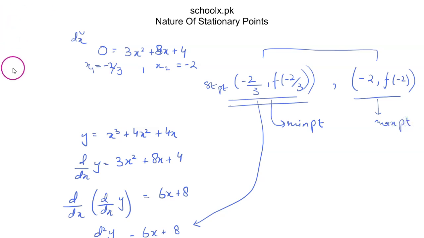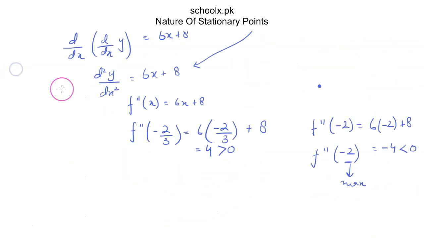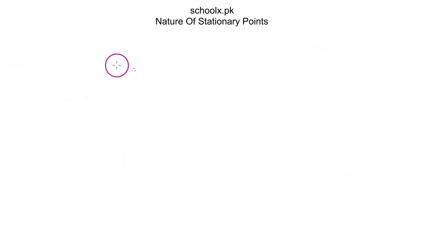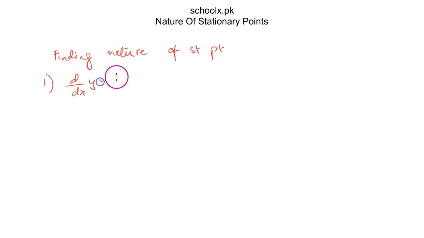So let me write this down for you. To find the nature of a stationary point, first of all put dy by dx equal to 0 and find the stationary point.